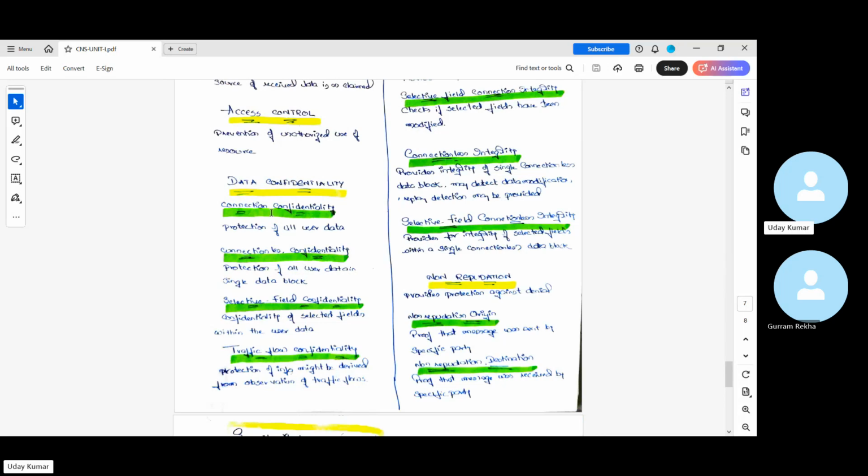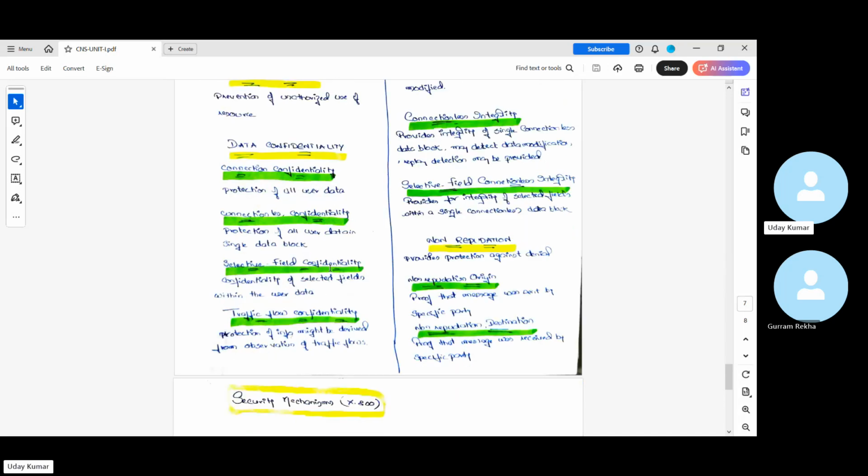Once all the data gets transmitted, the connection you established will be discarded. In connectionless, you don't have to establish a connection. Whatever connection is there, you are going to use it. So once you are sending it, you'll be sending it as a data block. That's why it is protection of all user data in a single data block.